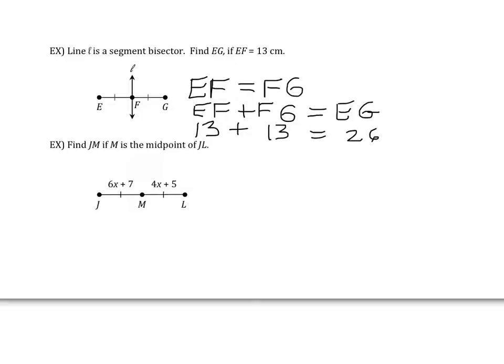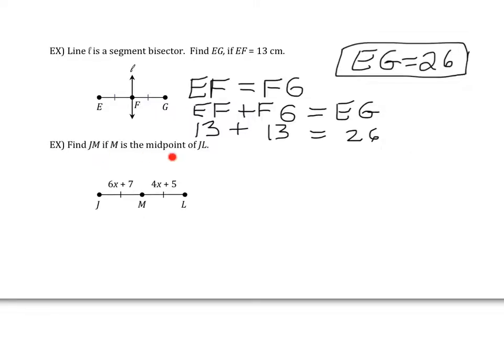So EG is the sum, 26. Now let's use it again, and this time we'll have an algebraic equation because there's a missing or unknown part. You want to state your answer each time and box it.